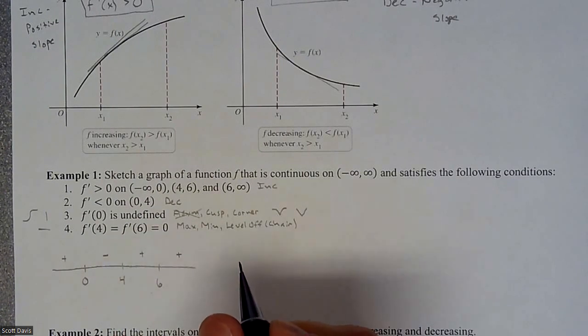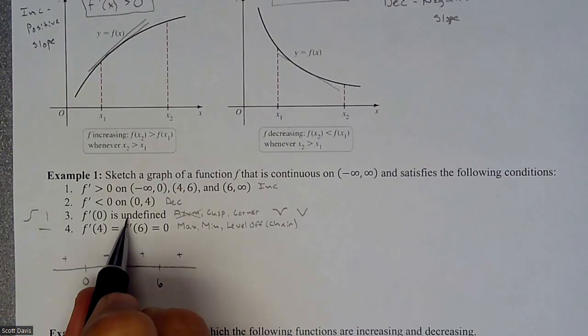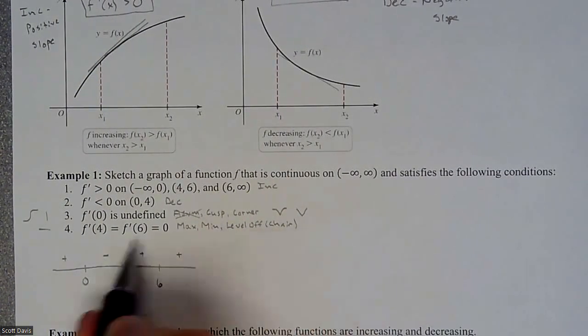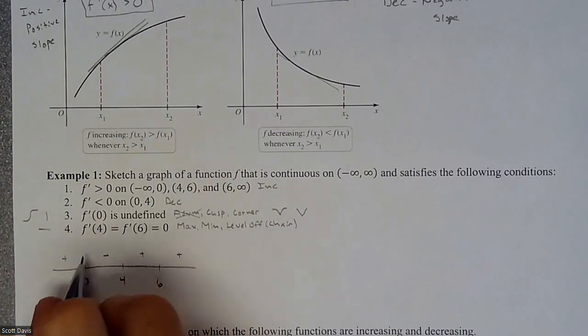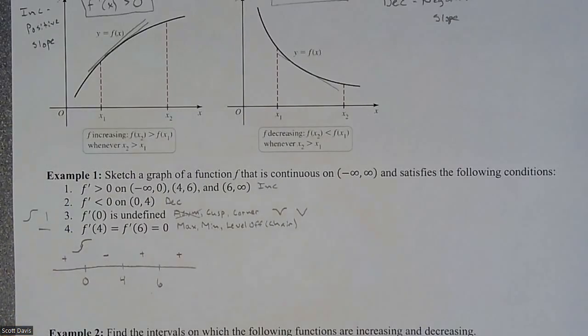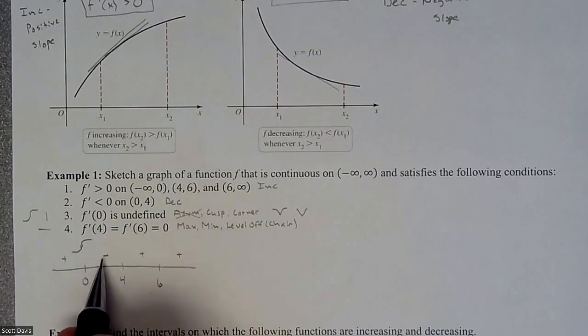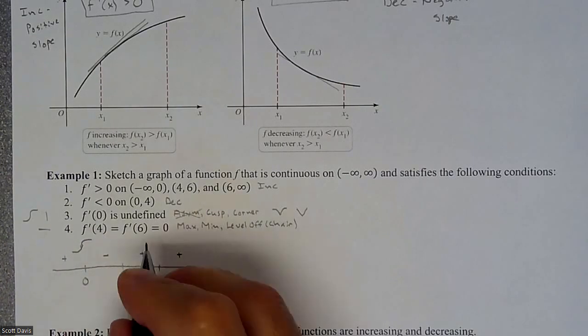So visually, at 0, we have undefined. It could be something like this, where we have a vertical slope at that point. And then at 4, we have a slope of 0, and we have a negative slope to the left and a positive slope to the right.